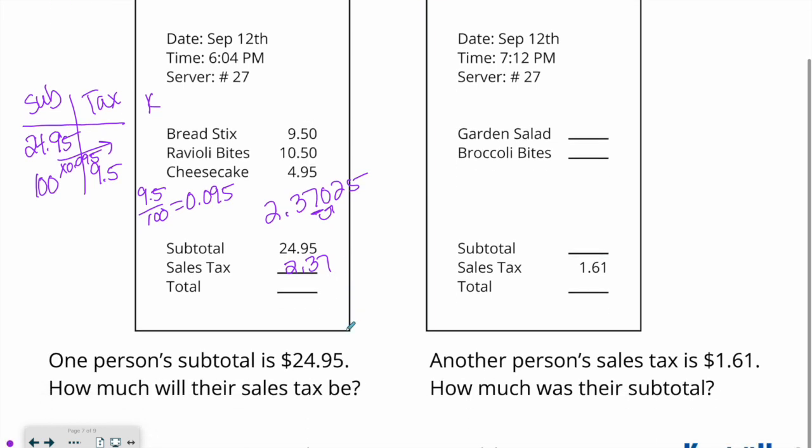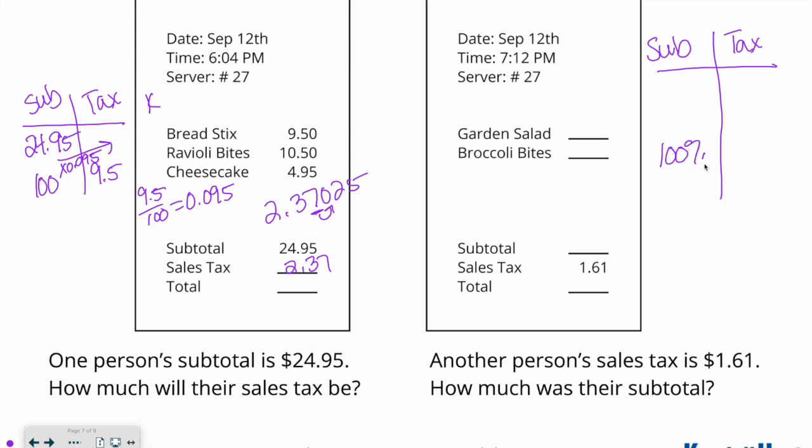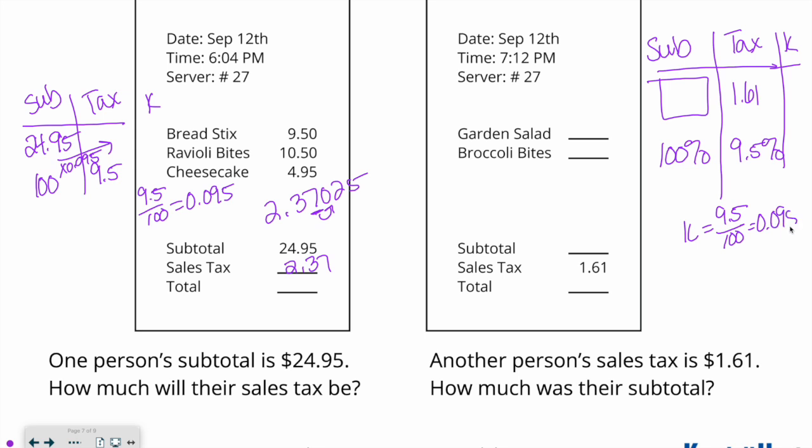Another person's sales tax is $1.61. How much was their subtotal? Now we're working backwards. Subtotal and tax. Subtotal is still 100%. The tax rate is 9.5%. We don't know the subtotal. We know the tax is $1.61. My k value, 9.5 divided by 100, is 0.095.